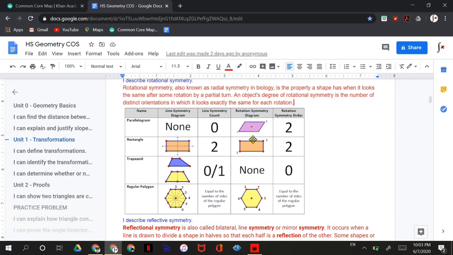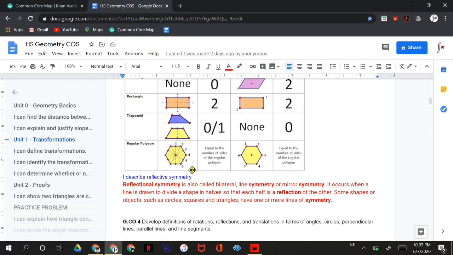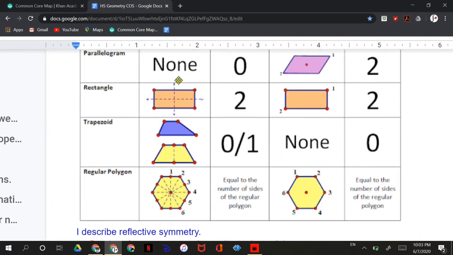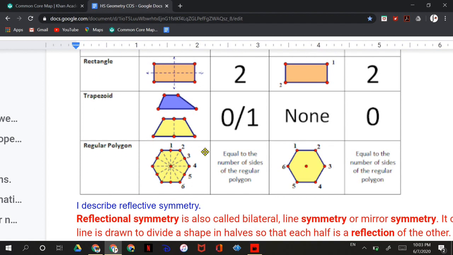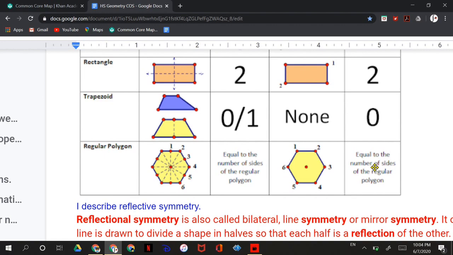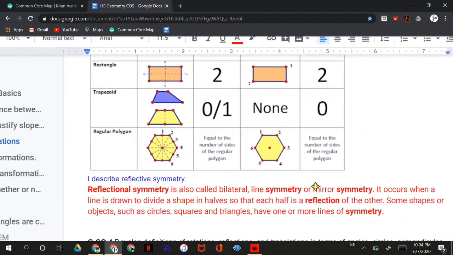So let's say you had this part and reflected it over this line, you would get this shape, and then this part and that part, and vice versa. And for a regular polygon, the number of lines of reflection is equal to the number of sides, and the rotation symmetry is the number of sides of the regular polygon.